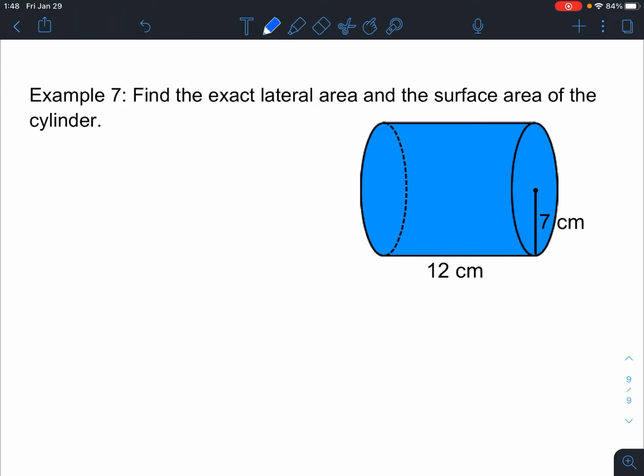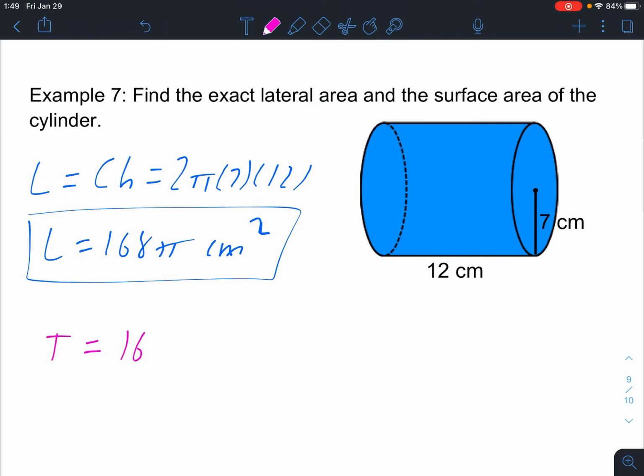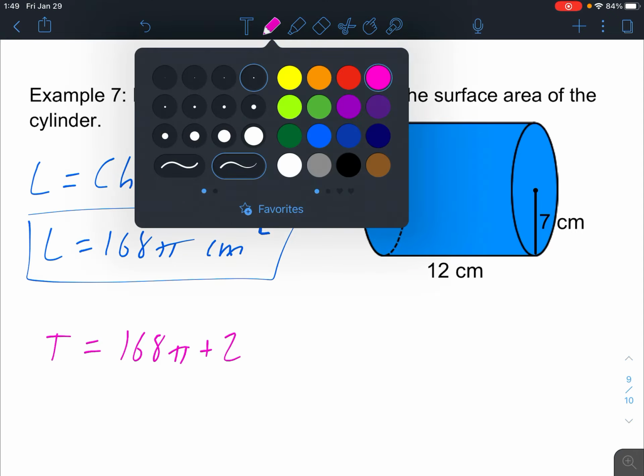And the last one here, find the exact lateral and surface area. So for lateral, it's just circumference times height, which is 2 pi r times height. So our lateral area is 168 pi square centimeters. And then to get the total, we're just going to add in 2 of the circles, right?